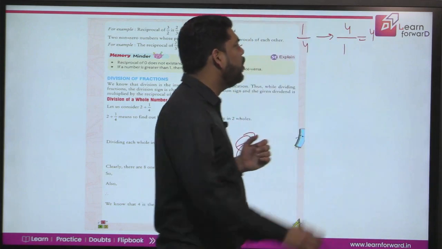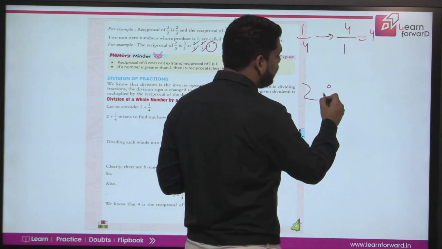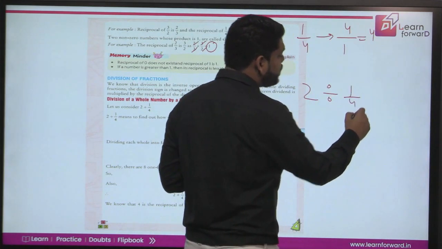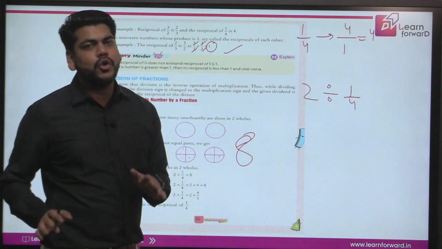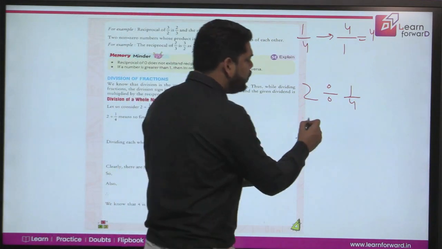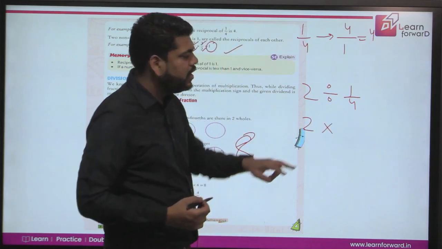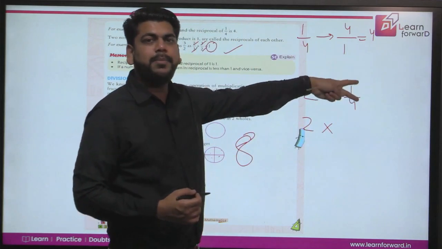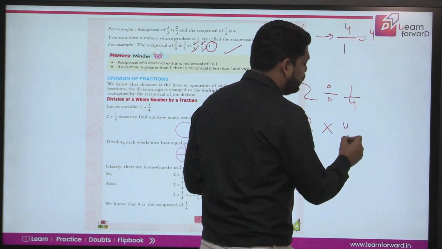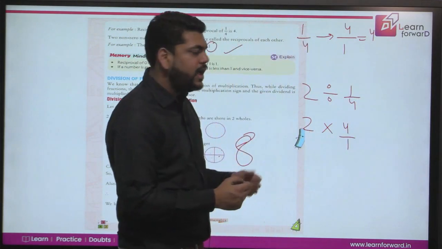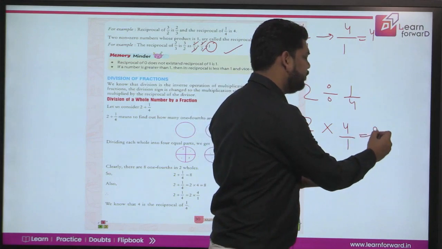So let us see how we represent it in terms of calculation. When 2 is divided by 1 by 4, we cannot solve it directly. First we need to convert this division into multiplication, and what we do is take the reciprocal of the second term. So the reciprocal will be 4 by 1 and the answer will be 8.